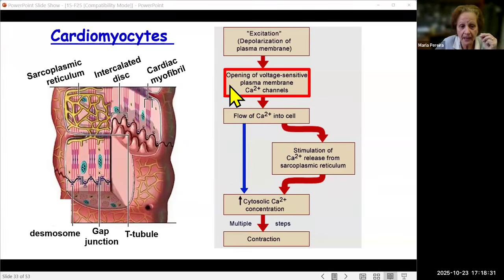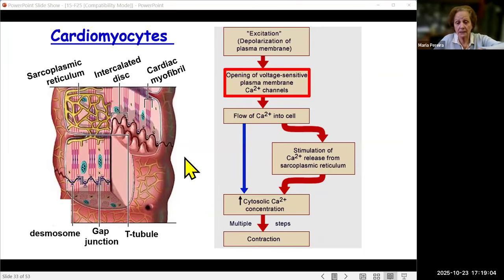Now what happens at the heart? In the cardiomyocyte, you have these calcium channels that are also voltage-gated ion channels that allow calcium to come in. What is interesting, and different from skeletal muscle, is that in skeletal muscle the calcium comes only from the sarcoplasmic reticulum. The signal travels down the T-tubule and sends a signal to the calcium channels on the sarcoplasmic reticulum.